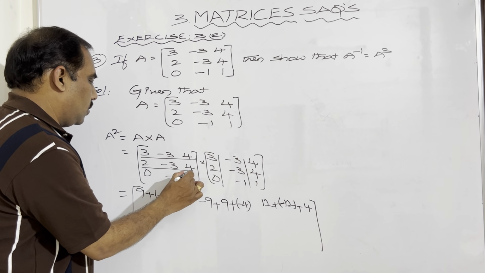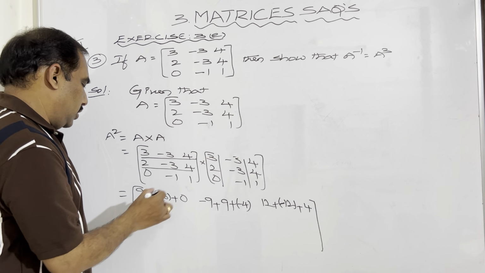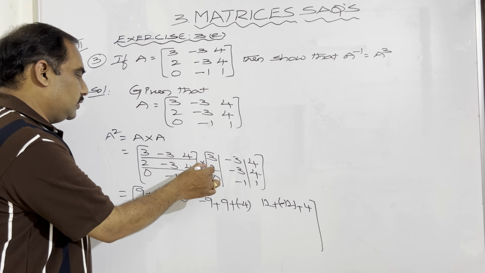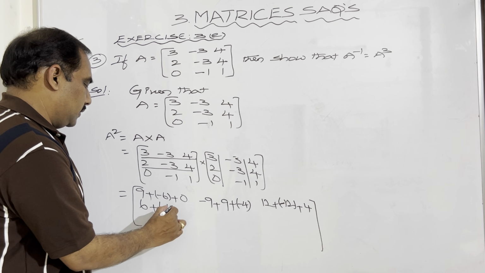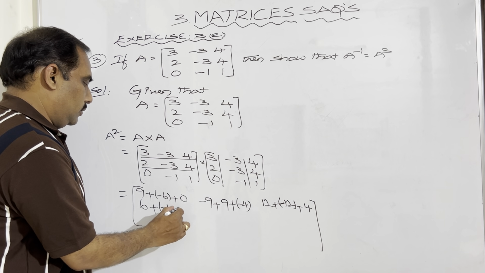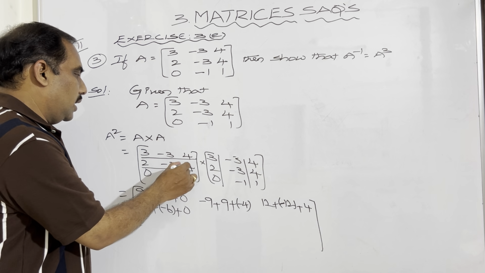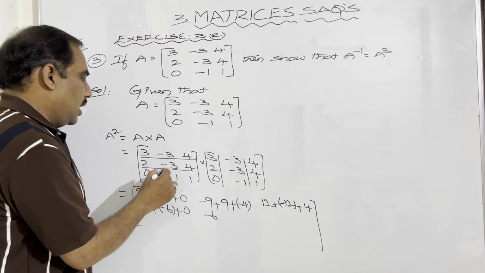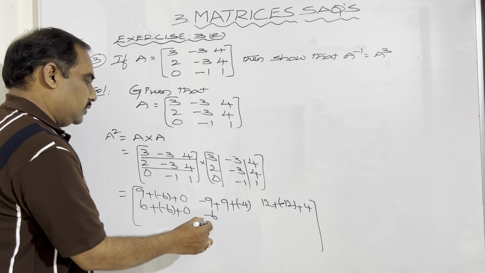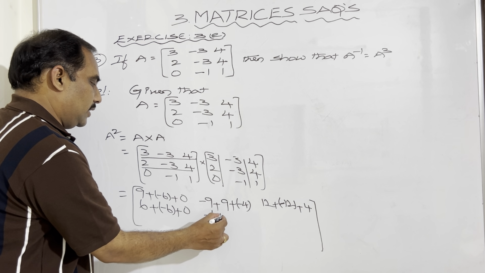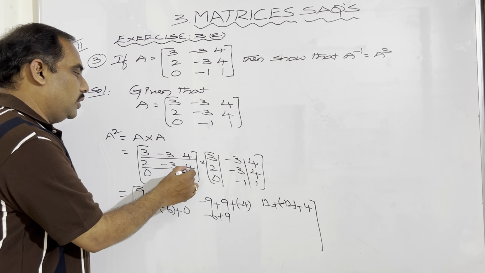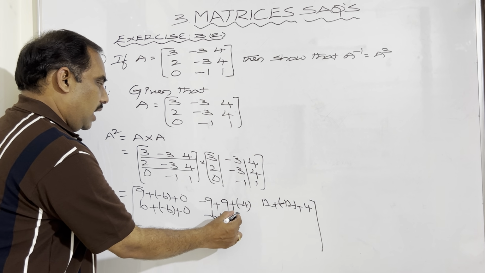Second row, first column: 2 into 3, 6, plus minus 3 into 2, that is minus 6, plus 4 into 0, 0. Second row, second column: 2 into minus 3, that is minus 6, plus minus 3 into minus 3, that is plus 9, plus 4 into minus 1, that is minus 4.